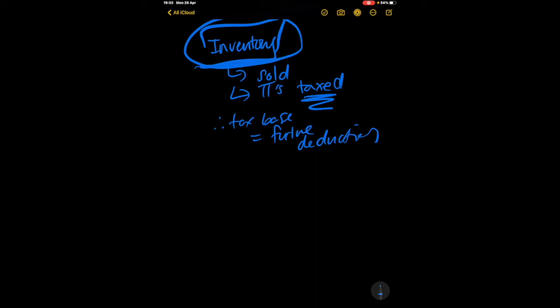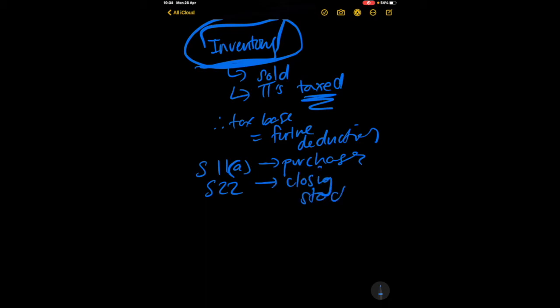Remember that when you purchase inventory, initially you're going to get a Section 11A deduction for your purchases. But if you have any inventory left on hand at the end of the year, then in terms of Section 22, I forget the exact section, but I know in Section 22 you're going to get a closing stock adjustment.